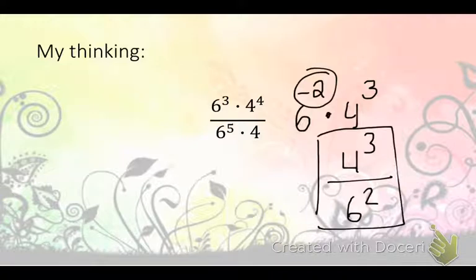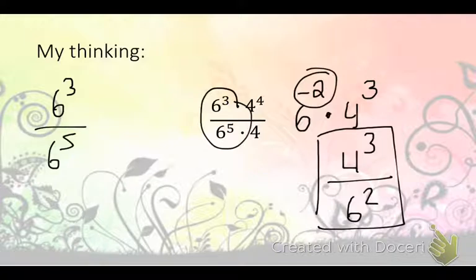If not, another way to understand it is by thinking, if I look just at this part, 6 cubed over 6 to the 5th. Okay, I ask myself, where is the biggest exponent? So here's the biggest exponent. The biggest exponent is on the bottom. So that means my answer should end up on the bottom.